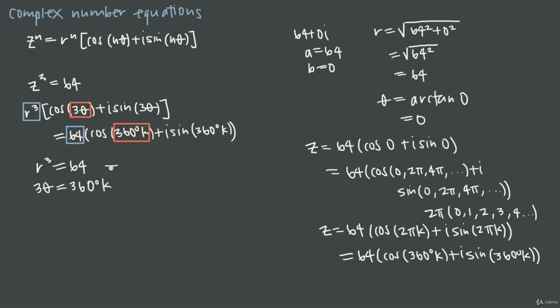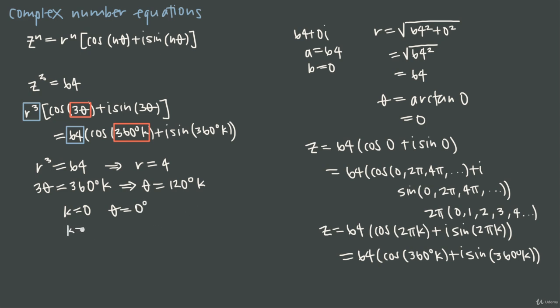Now r cubed equals 64, we can solve. We get r is equal to 4, because 4 cubed is 64. And to get theta, we just divide both sides by 3, and we get theta equals 120 degrees times k. Now remember we said that k was a non-negative integer, so 0, 1, 2, 3, 4, etc. So if we start plugging in values for k, at k equals 0, we're going to get theta equals 0 times 120 degrees, or 0 degrees.